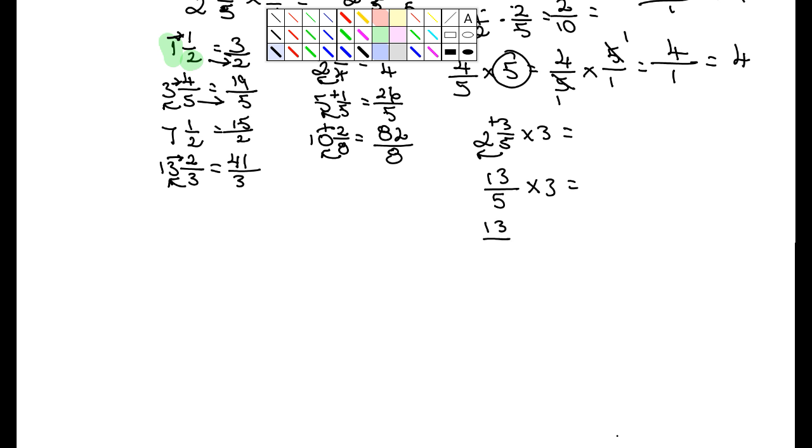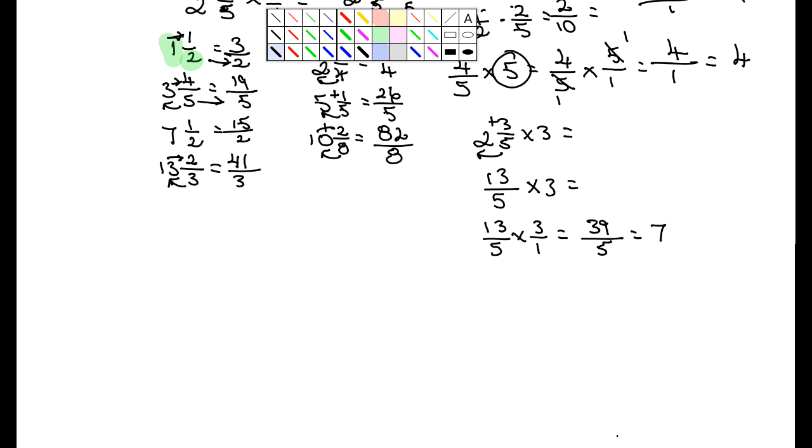So we have 13 over 5 times 3 over 1. Okay, good. Now what? You can't cross cancel. So 13 times 3 is 39, and 5 times 1 is 5. Okay, good job. And 5 goes into 39 7 times, because 7 times 5 is 35.